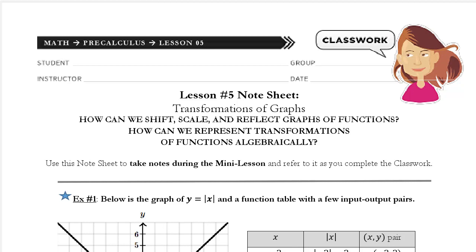So it could be a triangle or a square or a rectangle, something like that. And it's very similar here, only here we're talking about functions. So we're talking about shifting, scaling, and reflecting functions. So we're going to go through all the different ways that we can think about transforming functions, the graphs of functions.